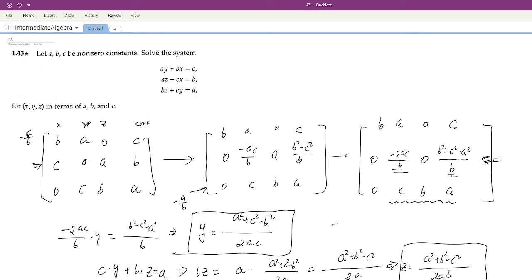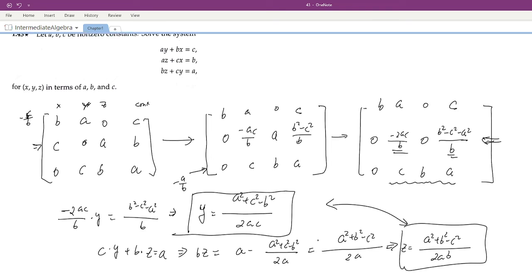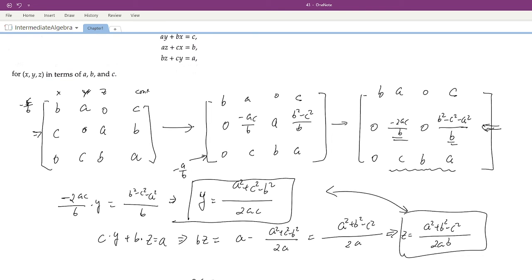From here you can see the symmetry, so you can double verify x is equal to B square plus C square minus A square over 2BC. So in this Gauss elimination process on the matrix, it's easy to solve.